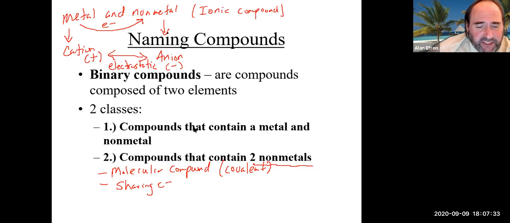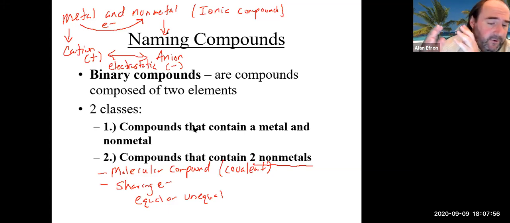It is the sharing of electrons when those two nonmetals come together that will hold that together. And as we'll talk about later in this chapter, the sharing can be equal or unequal sharing of those electrons. But there is some type of sharing of electrons happening when nonmetals come together.